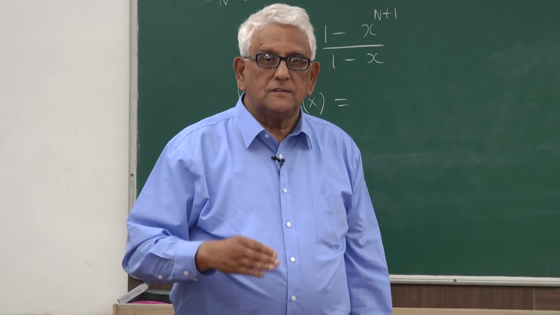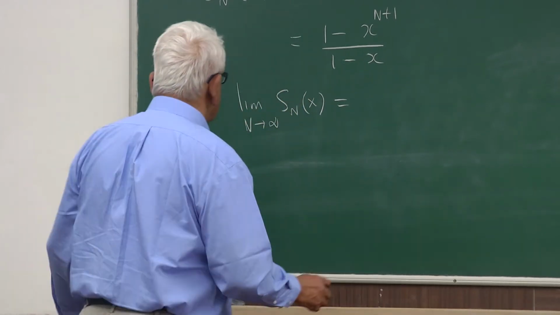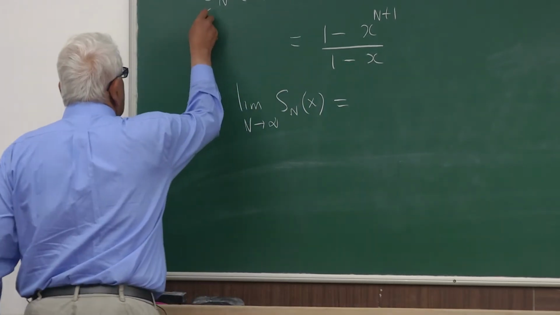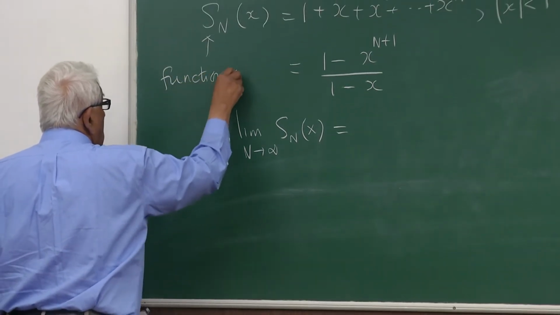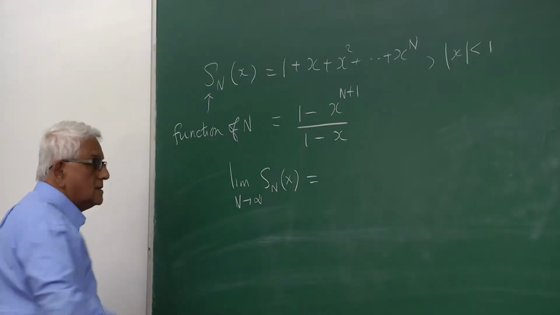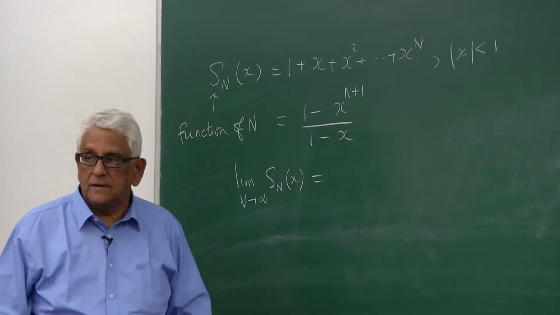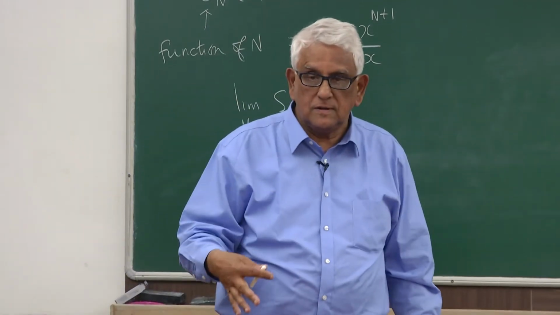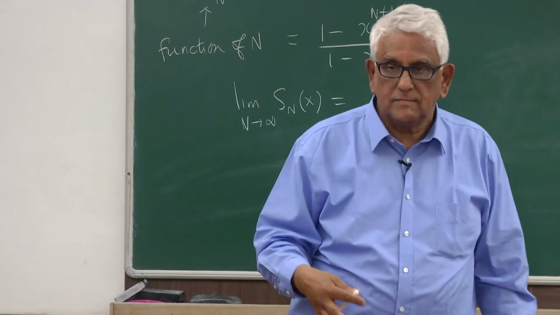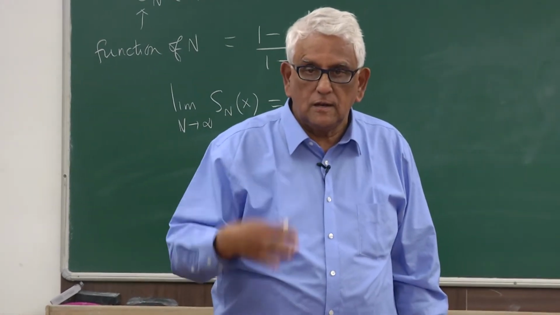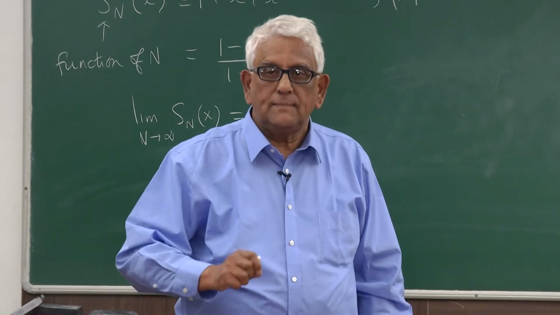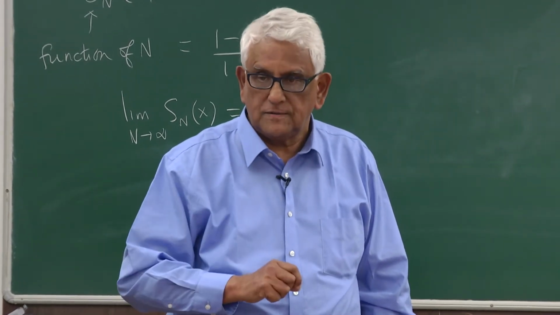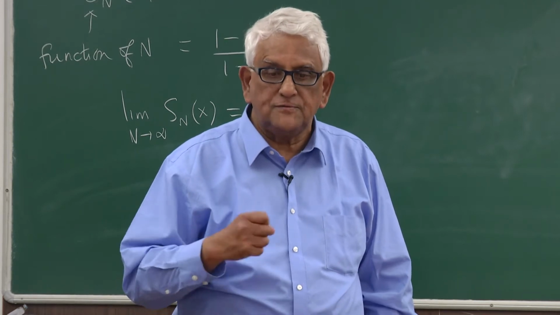So S is a function of n. So the limit is an operation on a function. By taking the limit, I start with one function, I end up with a different function. And so that is a special feature.